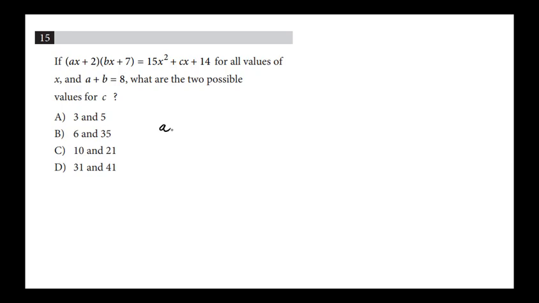So if we do that, ax times bx is abx squared plus 7ax plus 2bx plus 14. All of that equals 15x squared plus cx plus 14.